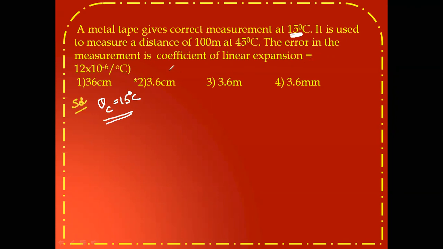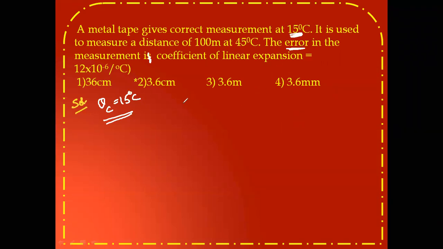The error in the measurement, if the coefficient of linear expansion is given. So what they ask is only the error, not the true value. So what is the formula for error?